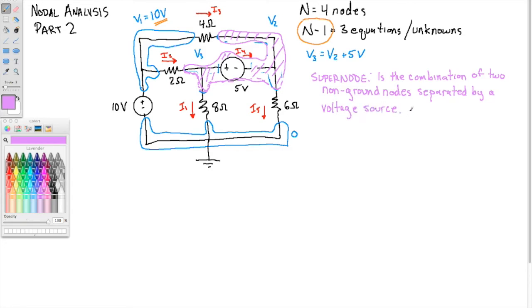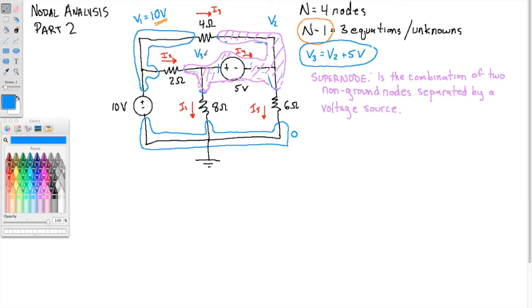And that voltage source can be either independent or dependent. Here we have an independent voltage source of 5 volts. So there's my supernode. And notice the voltage source for which we had a problem writing the current is in that supernode now. And again, I'm going to emphasize this relationship here, that V3 is V2 plus 5.